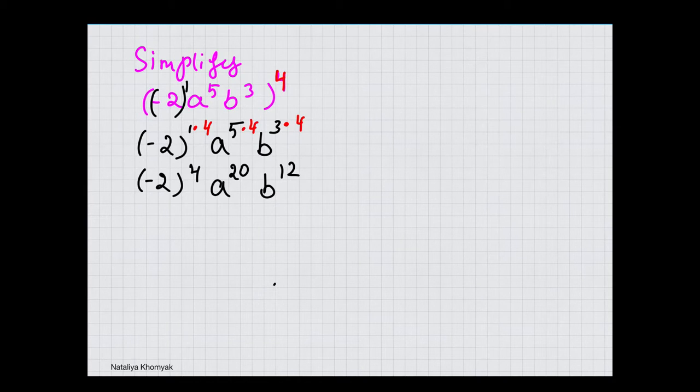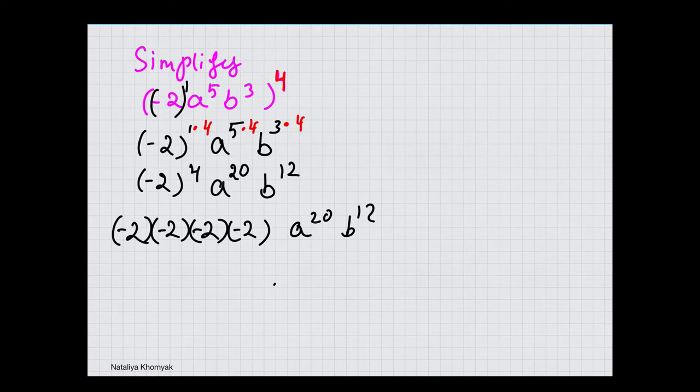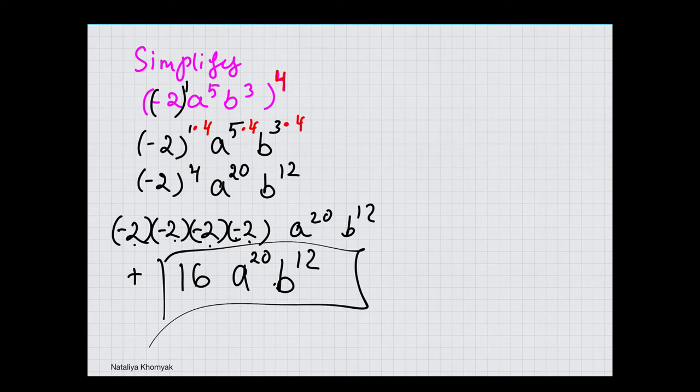A negative number to an even power should give us a positive answer, but if you're not sure, it's just faster to rewrite negative 2 times itself 4 times. It's still a to the 20, b to the 12. So negative, negative, positive, times negative, negative times negative again. The whole answer will be positive. 2 times 2, 4, times 2, 8, times 2, 16. 16 a to the 20, b to the 12. And this is our solution.